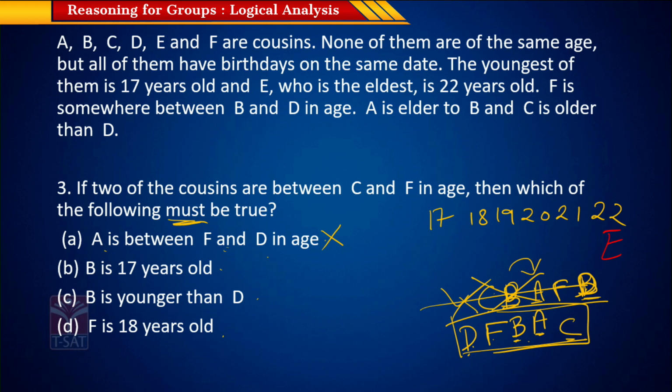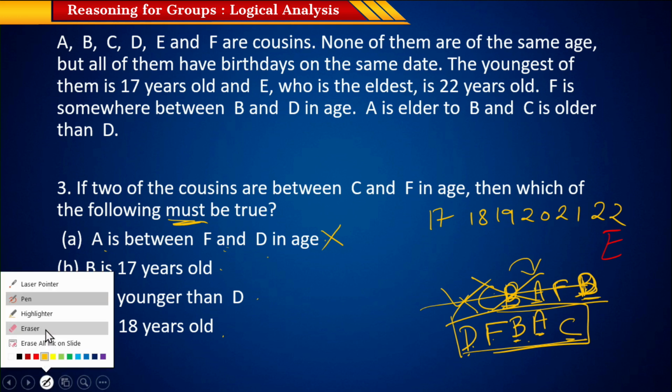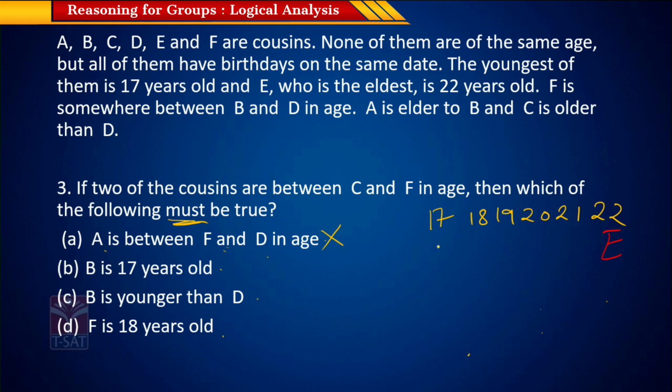Now let's check if the next option has to be true. If B is, say, 17 years old, and what is this question saying? There are two cousins between C and F. So you have C, dash, dash, F, and F always comes in between B and D, right?